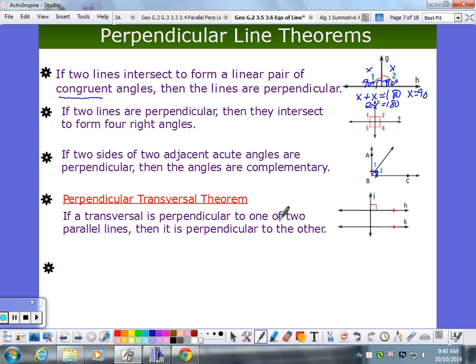Perpendicular transversal theorem. If a transversal is perpendicular to one of two parallel lines, then it must be perpendicular to the other parallel line. Well, let's see. Okay, if this is 90, what do I know about, say, this angle? What's that going to be?